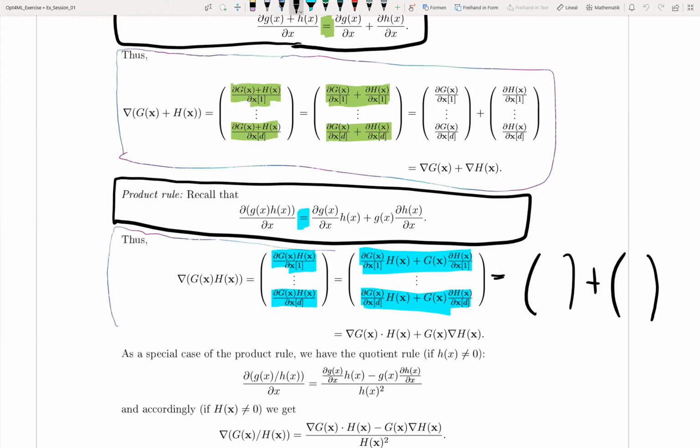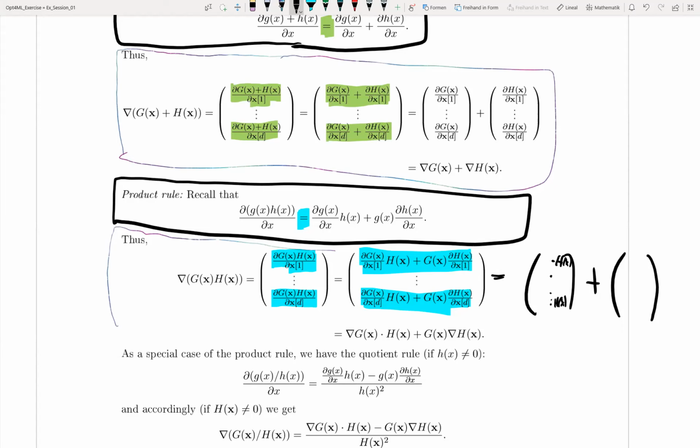And then what you could do is simply use the fact that h of x in the first column vector is multiplied to varying components. So the partial derivative of g with respect to the ith x component might vary, but the h of x, which you multiply in each case, is the same.